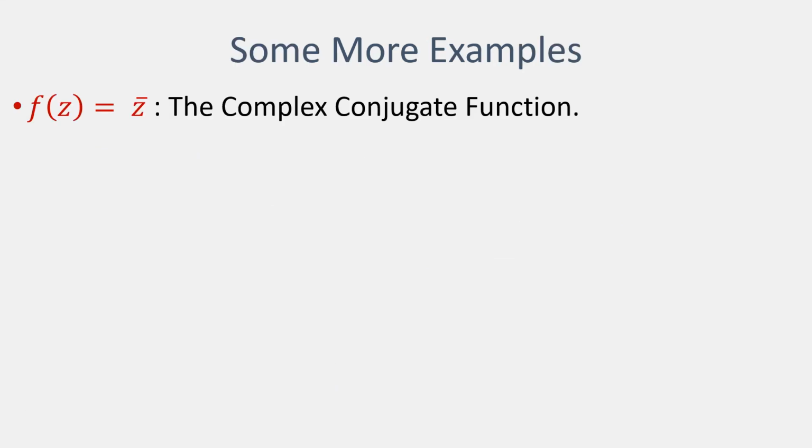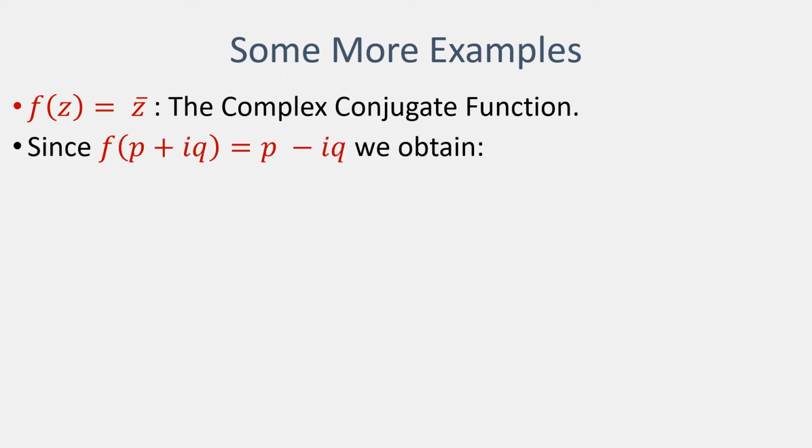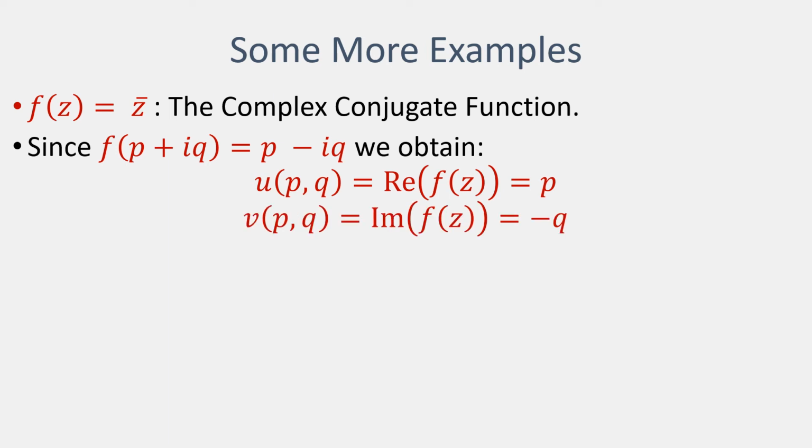Here's another example. Suppose we look at the complex conjugate function. Here we have the expansion of our complex conjugate function in terms of our standard representation for complex numbers, given by this. So the real part of the function is just the real value p, and the imaginary part is just the function given by the negation of q.